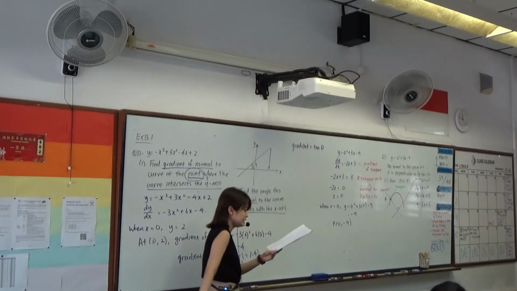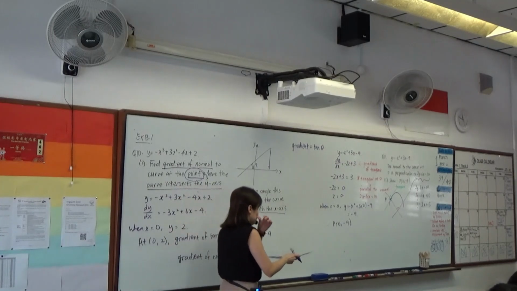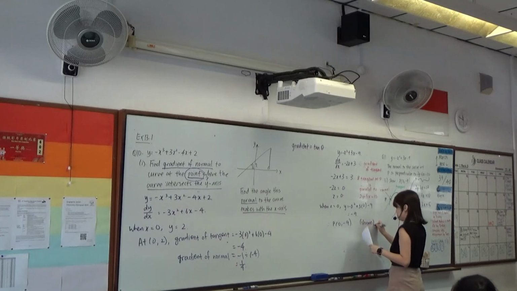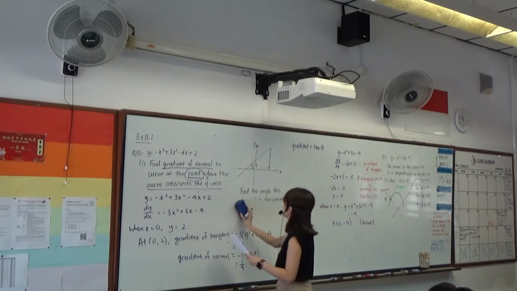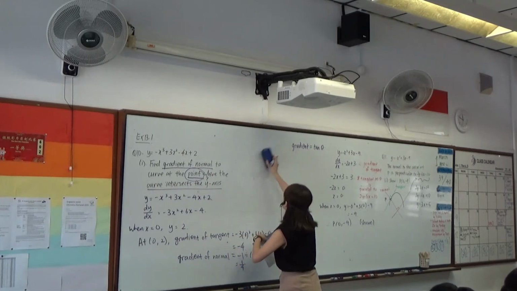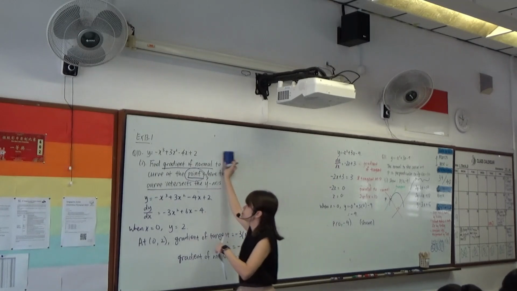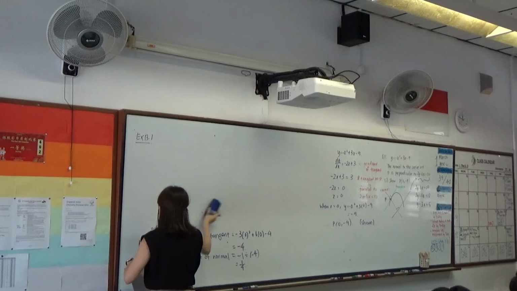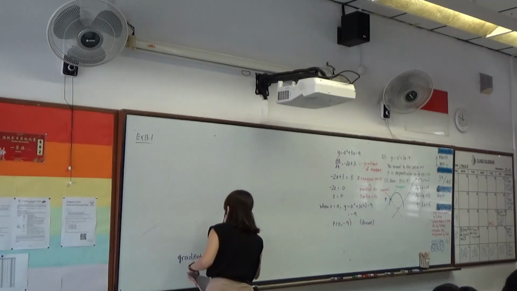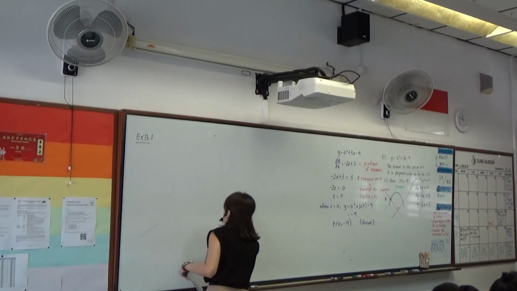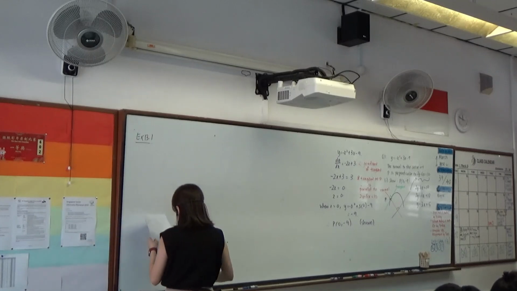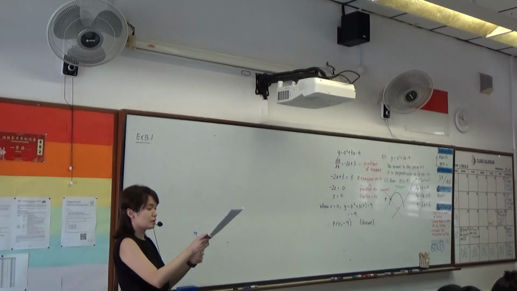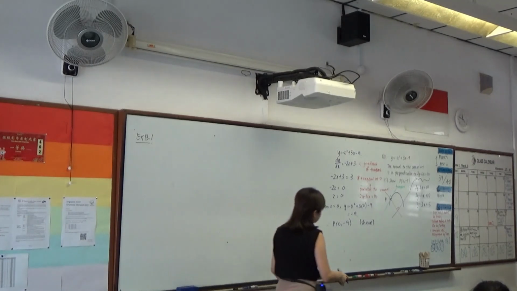Therefore, the point P will have the coordinate (0, -9), and that's how we show it. Okay? Questions?